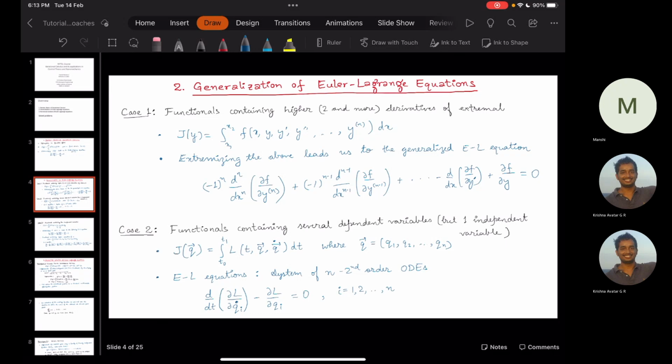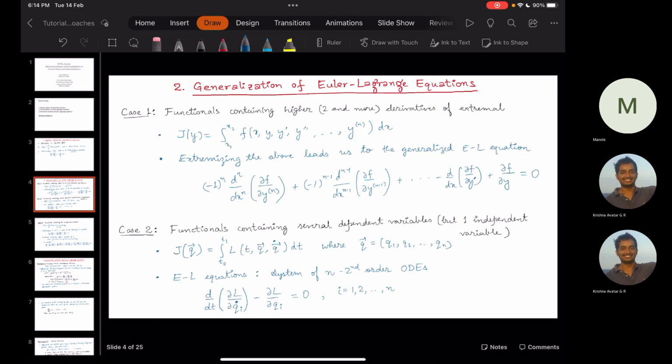The first is the case where the functionals contain higher order derivatives of the extremal, and higher here implies that the derivative of the extremal is of order 2 and more. So in this case, we have the general expression for our functional as J of y equal to the integral over x1 to x2 of the integrand, which is a function of x, y, y prime, y double prime, and it could go up to the nth derivative of y.